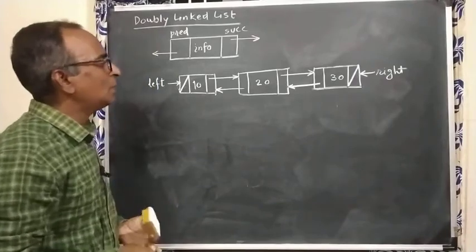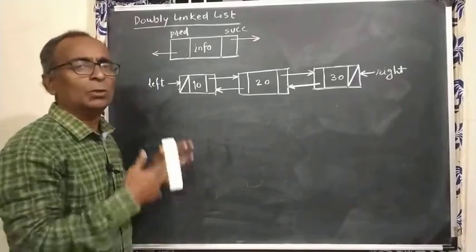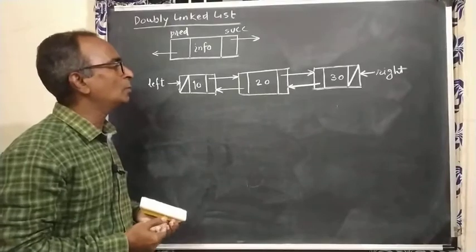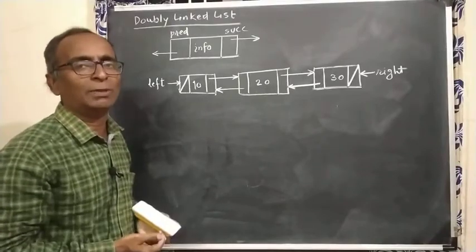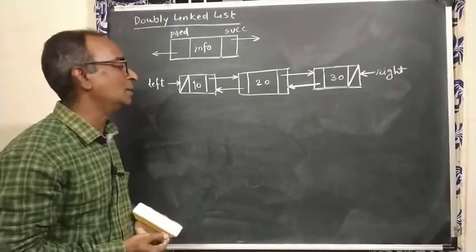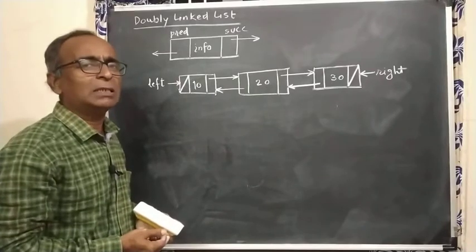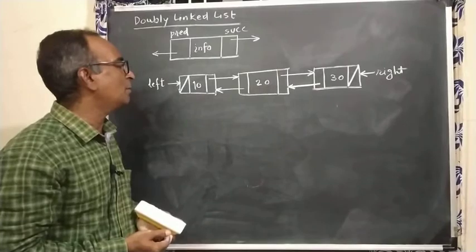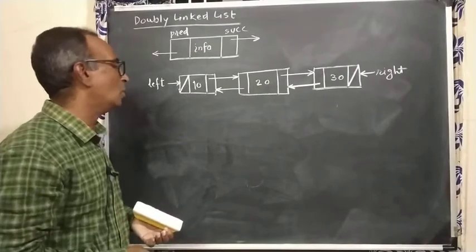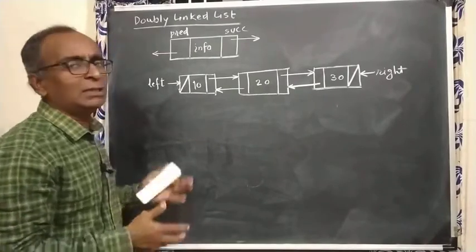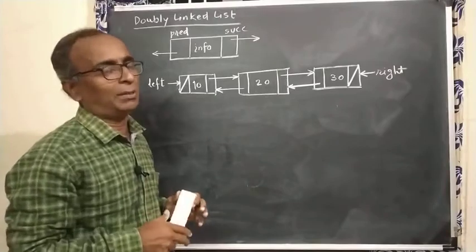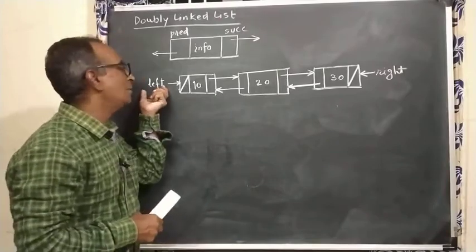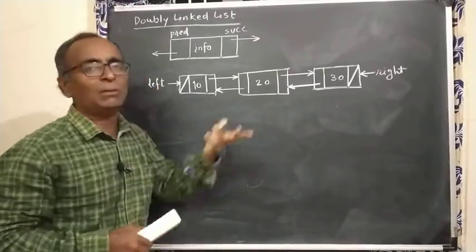Now before going to all the operations we have to do on a doubly linked list, first of all we'll see the conditions, the different initial conditions and all. So whenever this doubly linked list is empty, can you tell me where left and right will point?